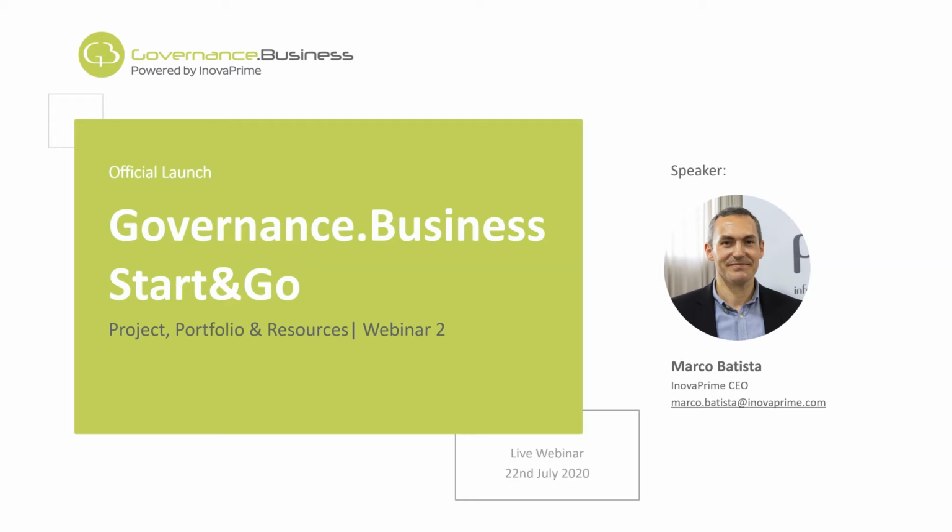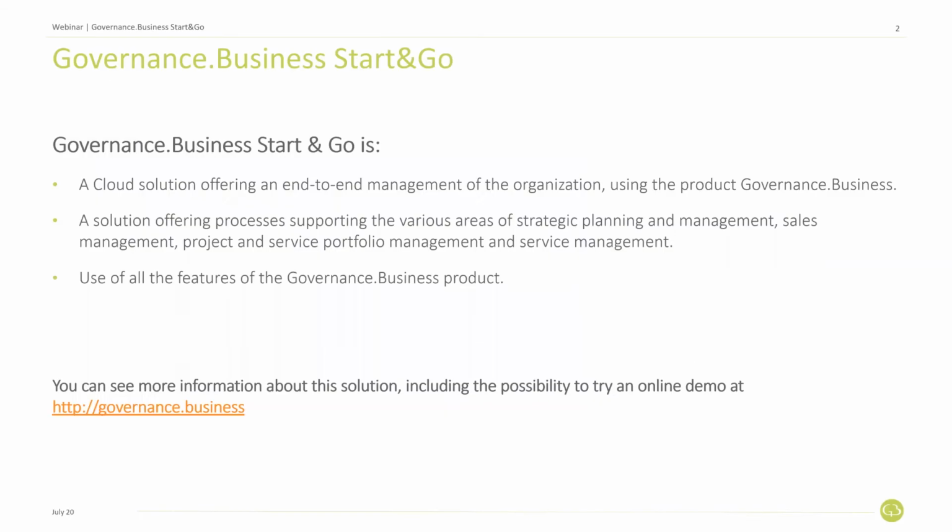So today in this second webinar of our series, we will be focusing on the project, portfolio, and resource management on this new offering. So talking about the offer itself, what is Governance.Business Start&Go? It is a new cloud solution that we are offering, where we are offering full support from an end-to-end perspective on how to govern and manage your organization.